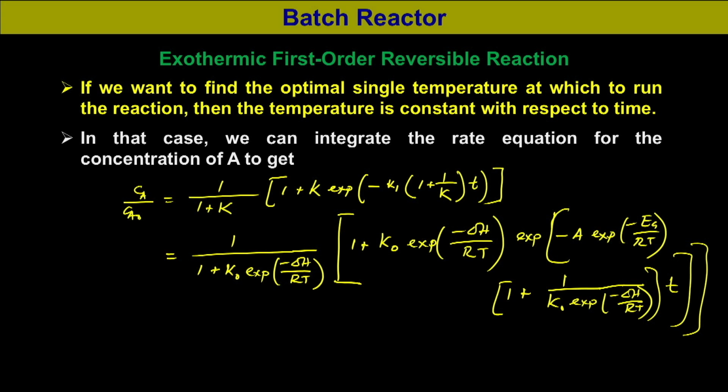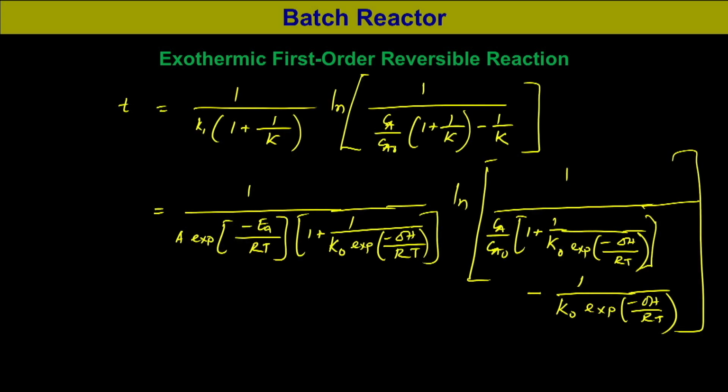If we do that, we would obtain T is equal to 1 by K1 into 1 plus 1 by capital K ln 1 by Ca by Ca naught into 1 plus 1 by capital K minus 1 by K.